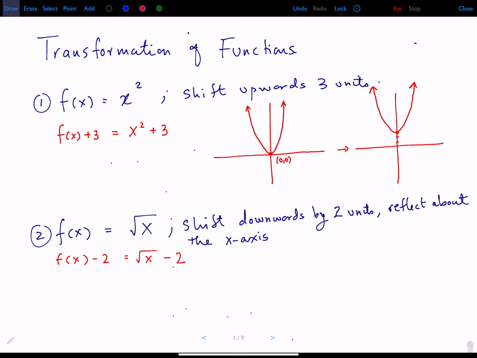But this function is currently f of x minus 2, because that's the entire function now that I'm taking, and I'm trying to multiply through with the negative, to reflect about the x-axis. So this will become negative square root of x plus 2.